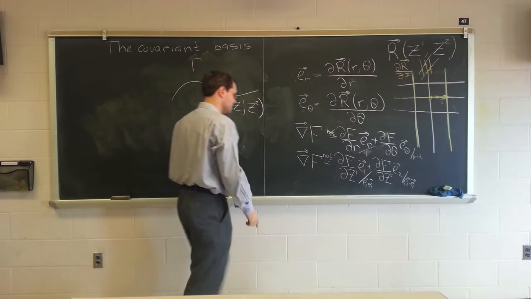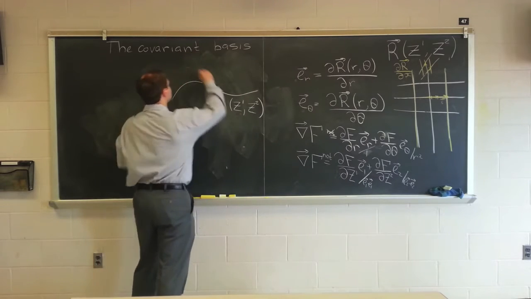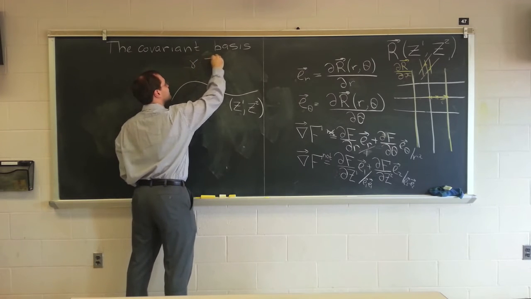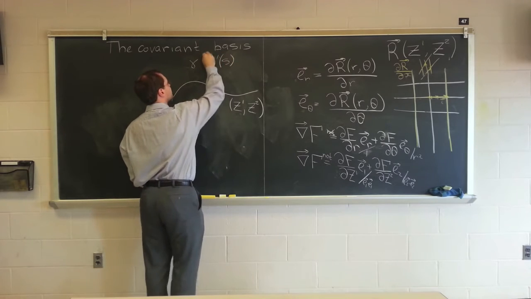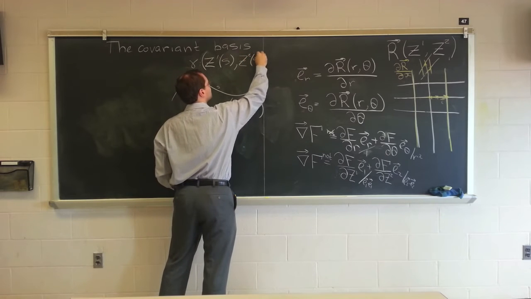I use lowercase gamma in the book. Gamma is z1 as a function of s, z2 as a function of s.